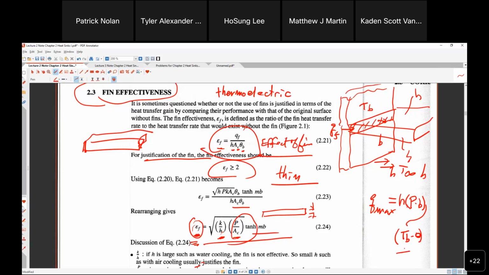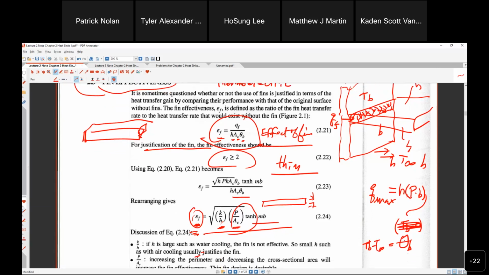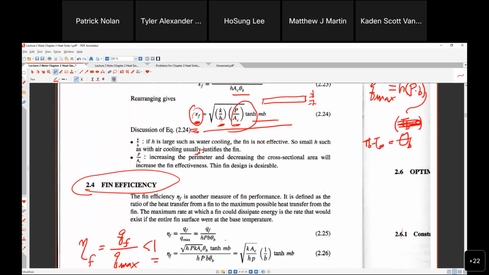It must be theta b, because this is theta b. This temperature, right? T_b minus T infinity. So look at that. This is the maximum. Q max is h P B theta b.